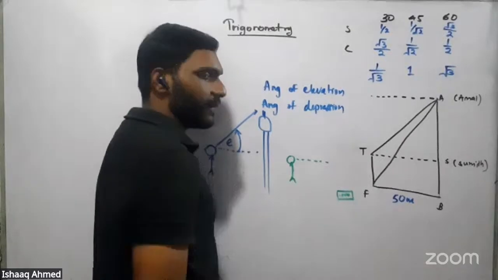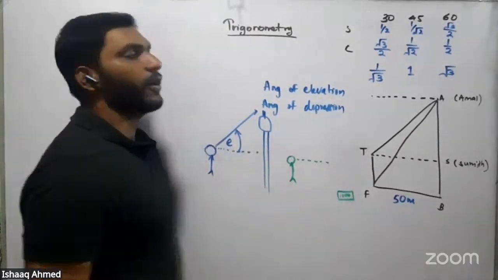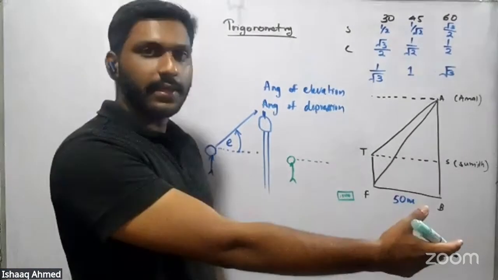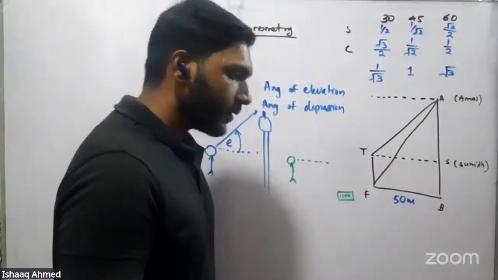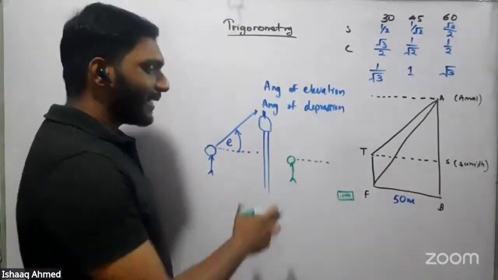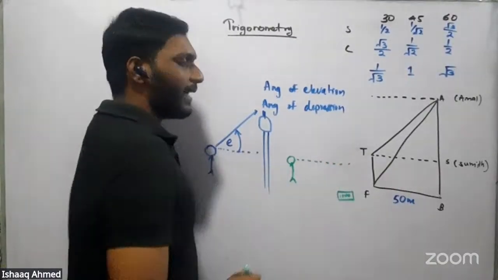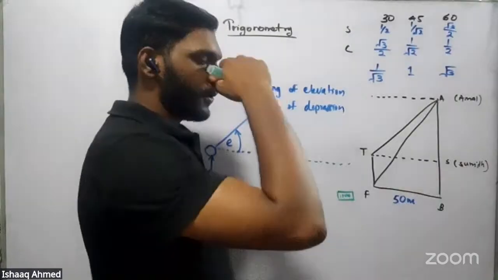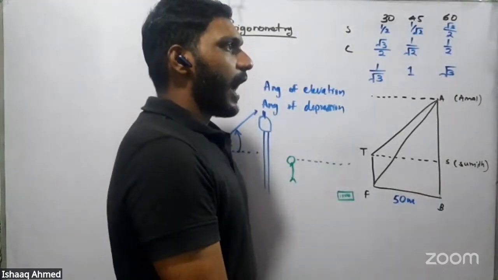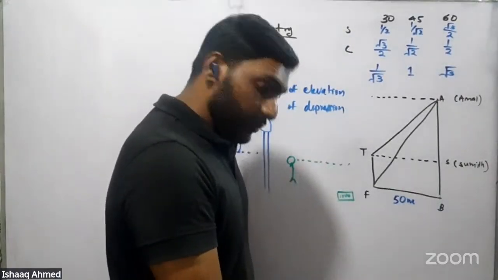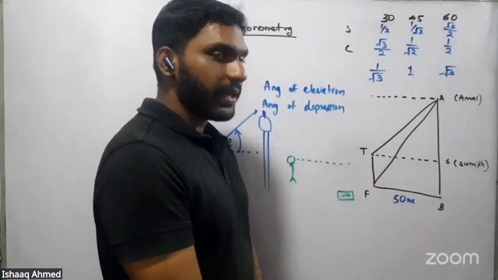I'm like, what the hell? Whose money is this? Whenever you are walking on the road, you see some money, obviously, with open mouth. So this is my eye level. I want to see down. So from my eye level, how much I am seeing down is my angle of depression.